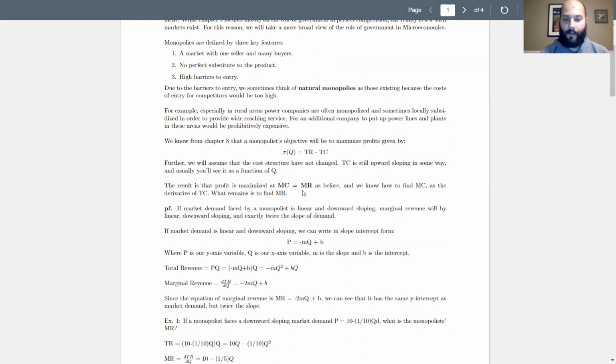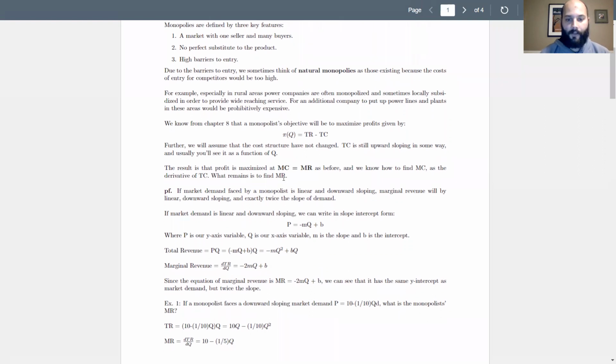You keep producing until they're exactly equal. Again, we know how to find marginal cost. It's just the derivative of total cost. So in this chapter, we'll talk about how to find marginal revenue for the monopolist.